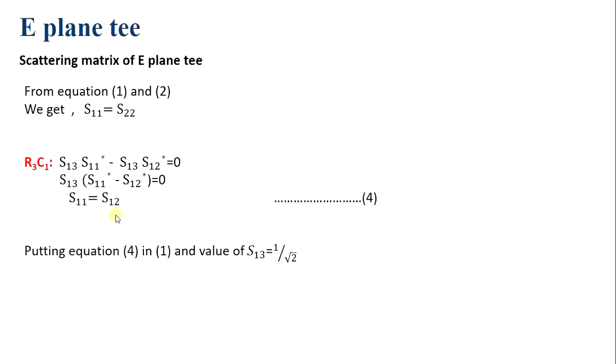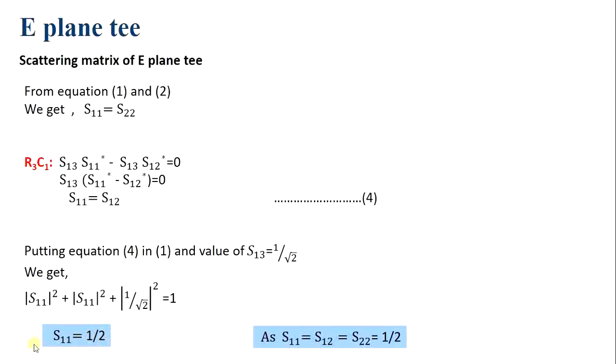Putting equation 4 in equation 1 and the value of S13 equal to 1 by root 2, we get twice mod of S11 squared plus (1 by root 2) squared equal to 1. We get S11 equal to 1 by 2. As we know, S11 is equal to S12 as well as S22. So the values of S11, S12 and S22 are equal to 1 by 2.